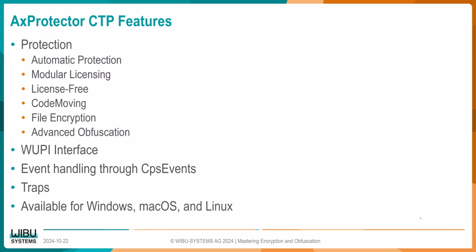I think Axel has an example in the next minutes to show you how to do this with CTP. With the Classic, you need to mark them as declspec DLL export or declspec WUPI declfunc, which is DLL export in the background, and of course no inlining. So with this, modular licensing is available for Classic and for AxProtector CTP.